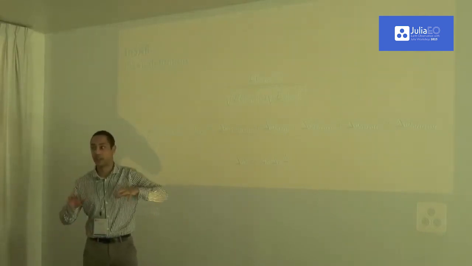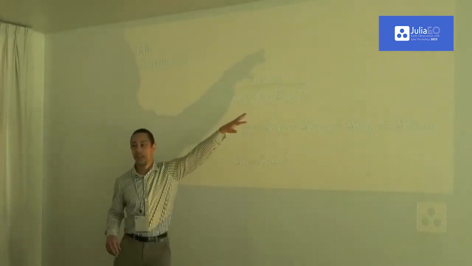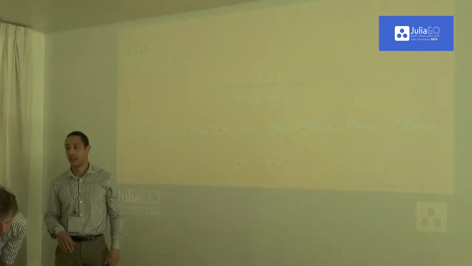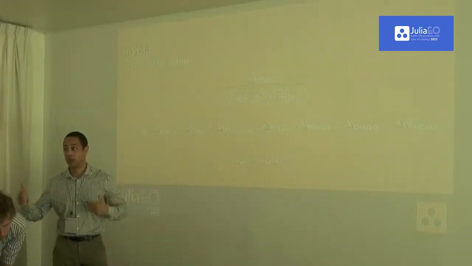You take one image and then you multiply by the complex conjugate of the other image to get the phase, and then if you also want the magnitude of how well these phases correlate, you divide it by the magnitude. So you get a scale in magnitude from 0 to 1, and you have a phase that corresponds to the deformation. This coherence parameter is often used to see if the surface is stable.